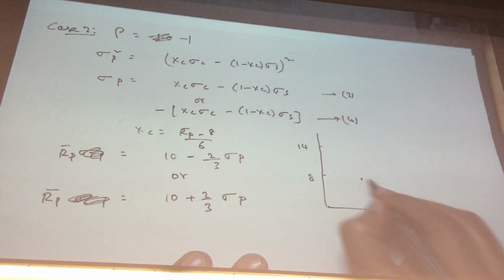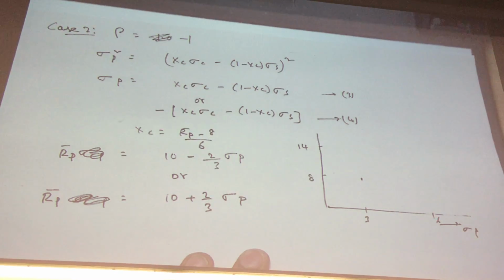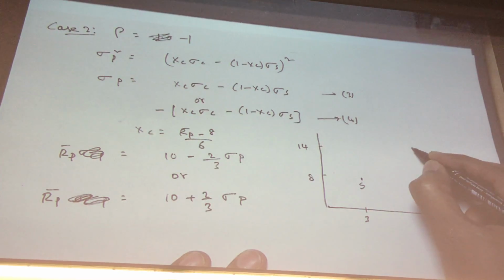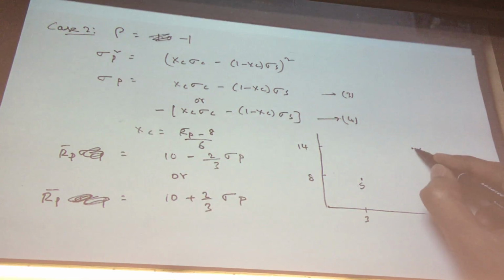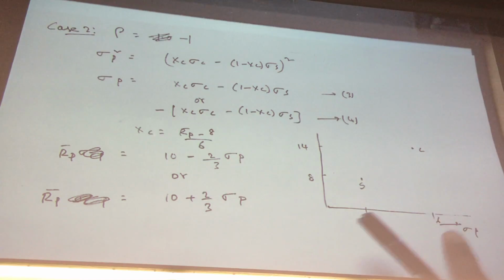And this particular point, if your portfolio involves only one stock, that is stock S. Otherwise, if your portfolio involves both, the other extreme, that is C. This point represents the standard deviation and the return.